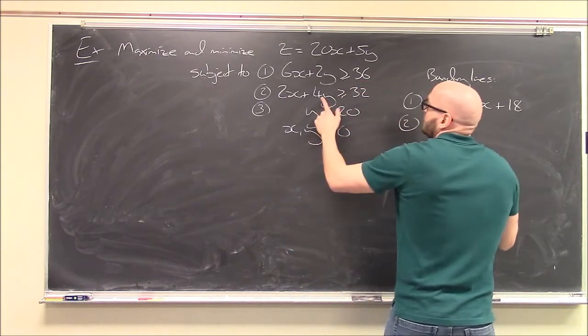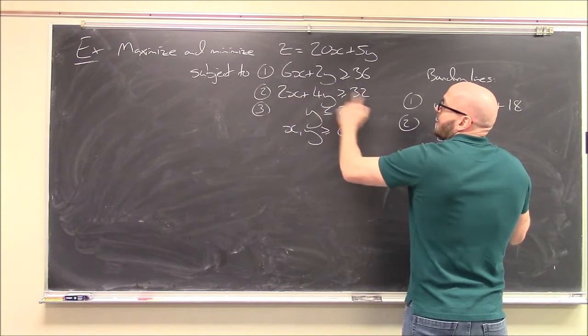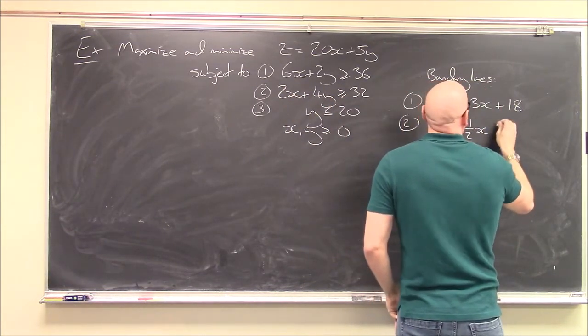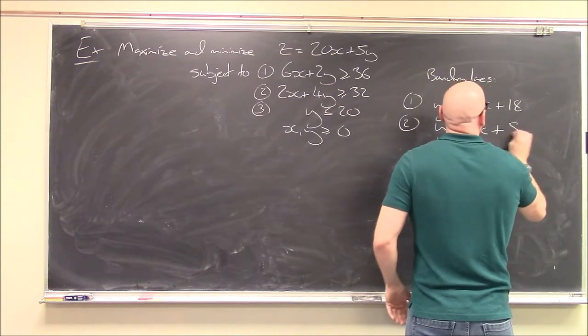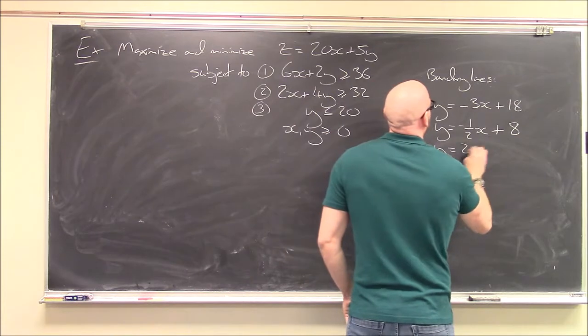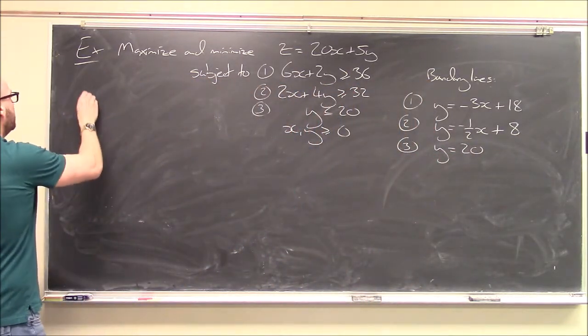Boundary line number 2, solve for y, I get y equals minus 2x over 4, so minus 1/2 x, plus 32 over 4 is 8. And boundary line number 3 is, of course, just y equals 20. So we'll graph all three of these.